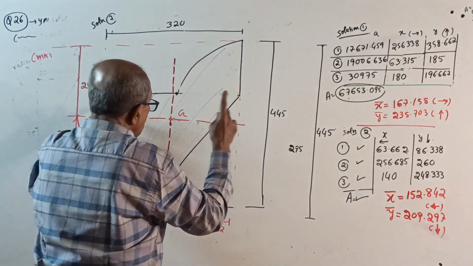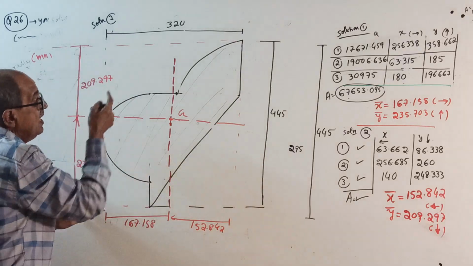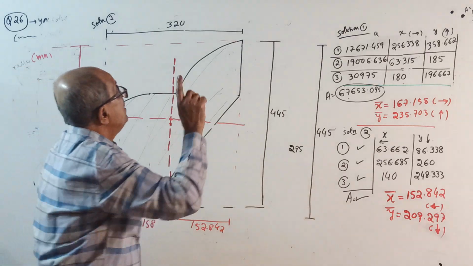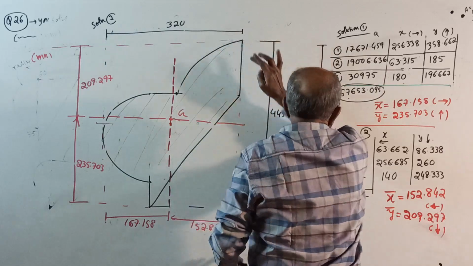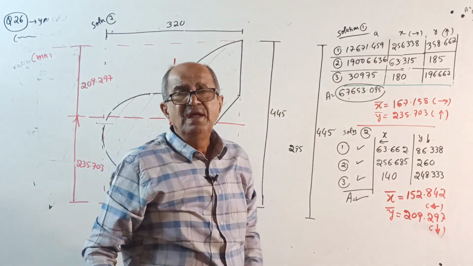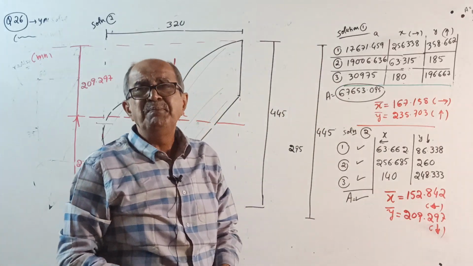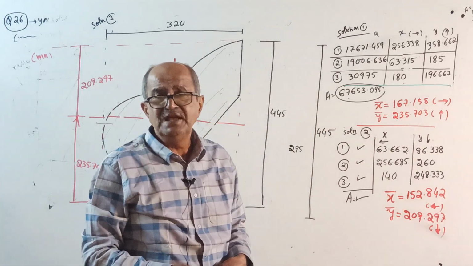Correctly work out. When you do first solution, see X bar, Y bar, other two calculated. When you go for second solution, X bar, Y bar, other two calculated. See, such questions as you solve, you should do one thing, independently solve and check the answer. Now, next class onward, same thing.